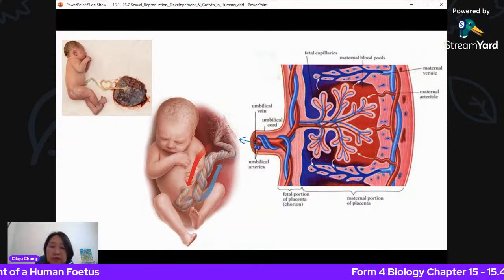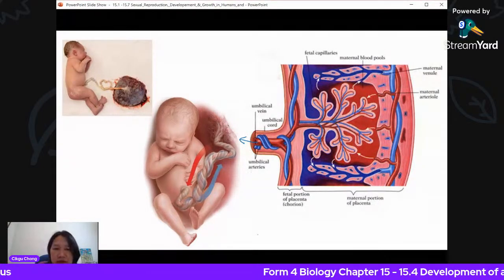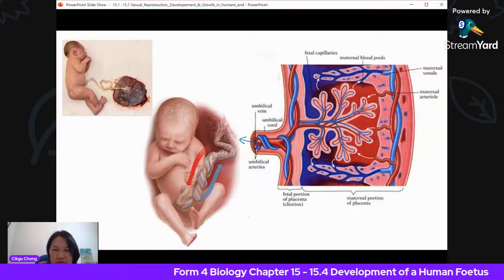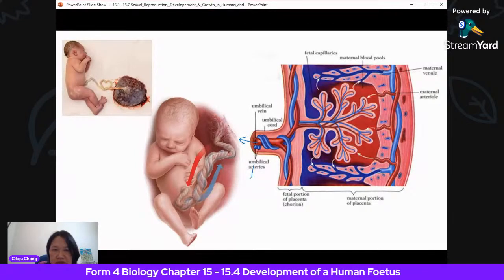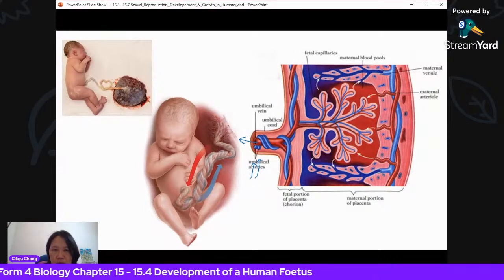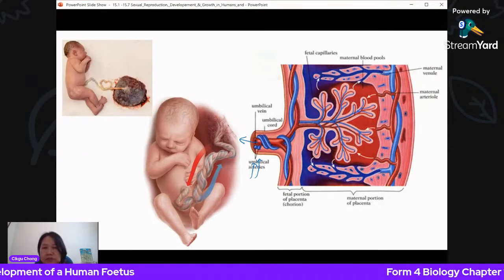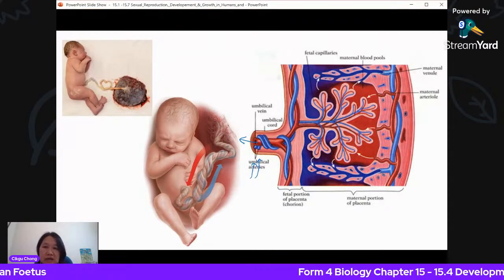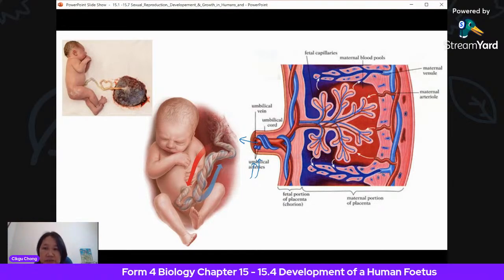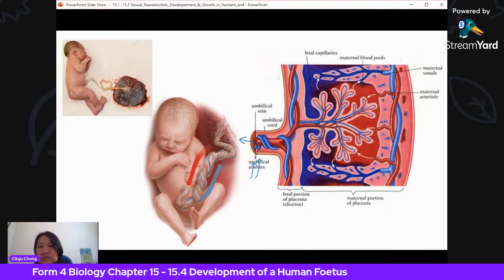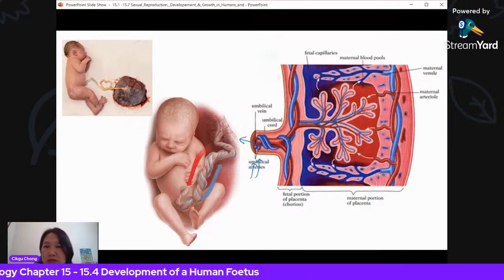And for the arteries, it is actually blood going away from the fetus, and it will move into this whole piece I'm looking at here, which is the placenta. This is where the mother's blood will be. This is the maternal artery and maternal vein. This blood supply is from the mother.